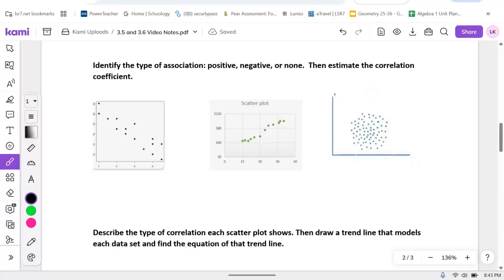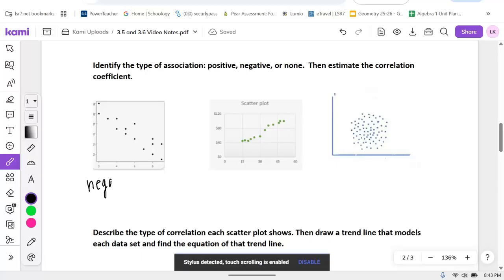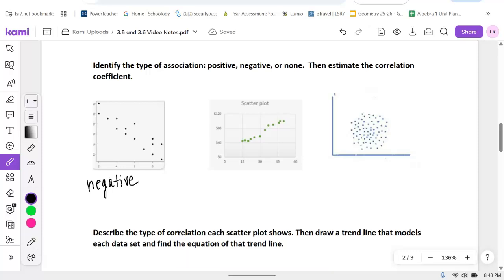So this first one, it's going to be negative because as x gets bigger, y gets smaller. So this is negative. It's not a super tight association, so I'm just going to put -0.75.